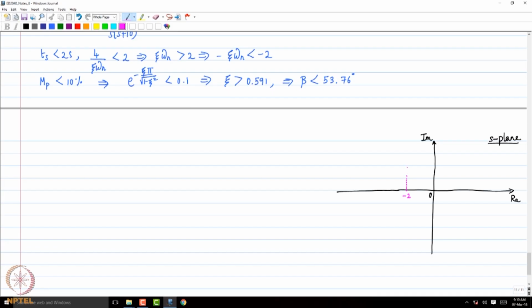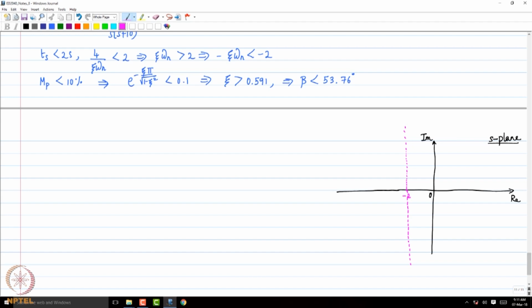So what happens is that if I draw a vertical line at minus 2, that gives me the boundary for settling time performance.